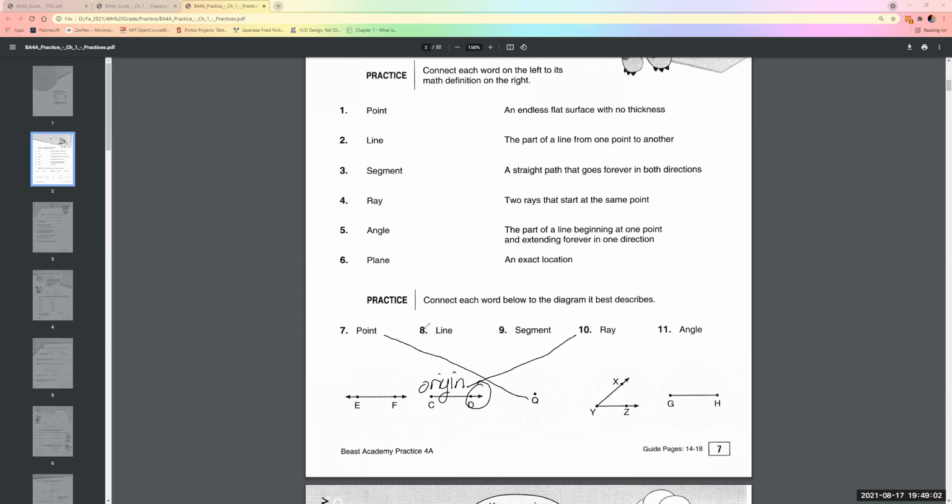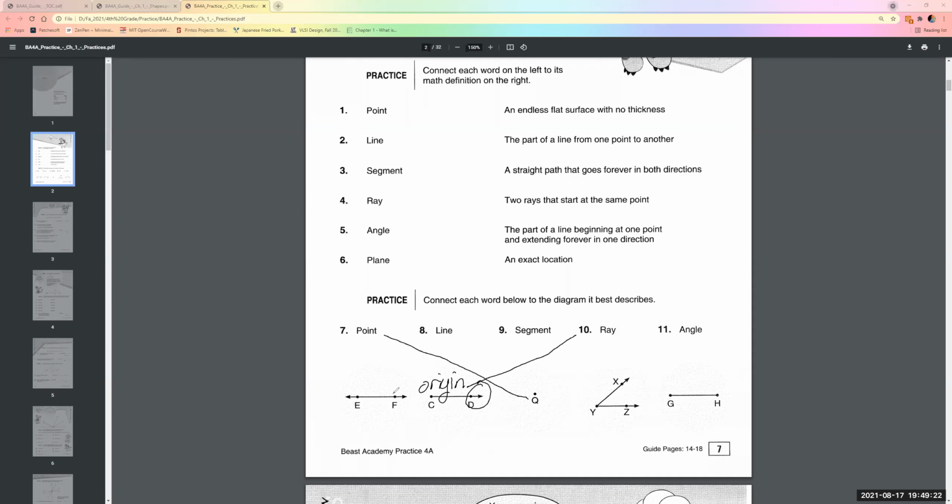And then, do you know what a line should be, Brandon? It's the very last one, right by the one that's the acute angle. This one? Yes. So this one is the segment actually.